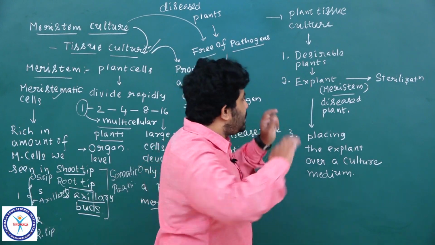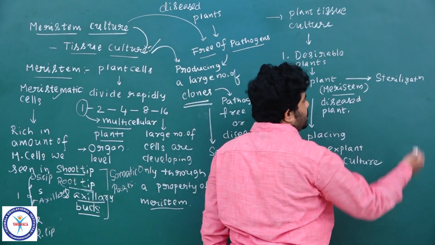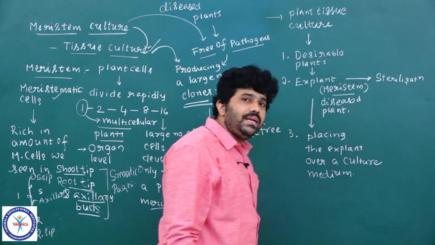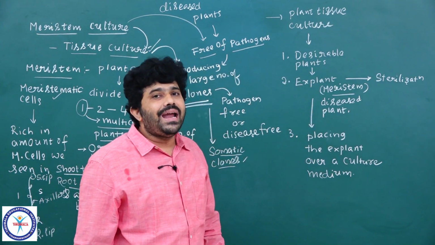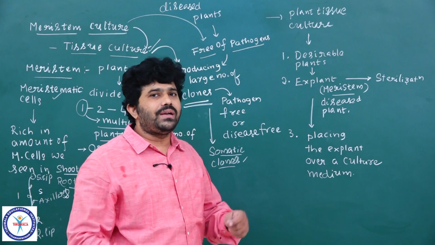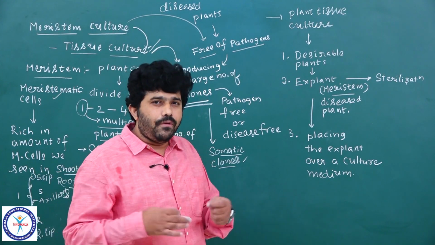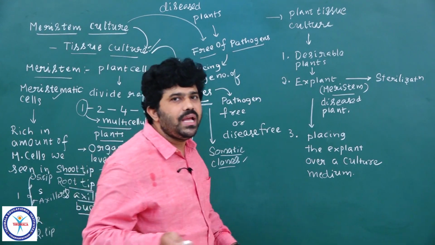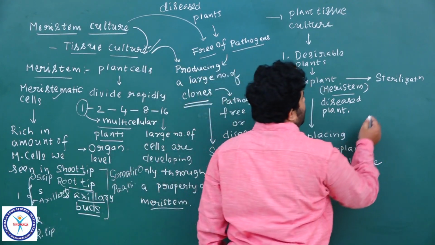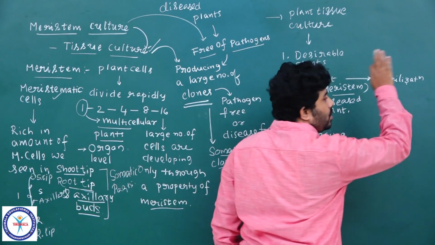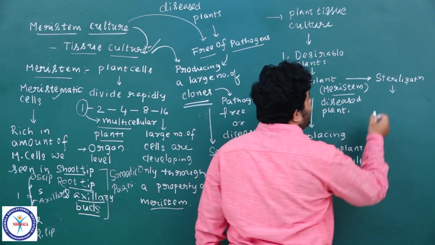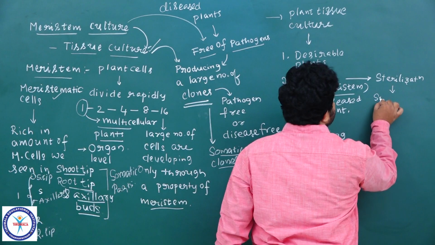Sterilization means the outer surface of the explants we have to wash properly with antimicrobial chemicals, or whatever chemicals clean or wash away the pathogens present on the surface of the explant. Because we do this sterilization on the outer surface of the explant, what do we call it?